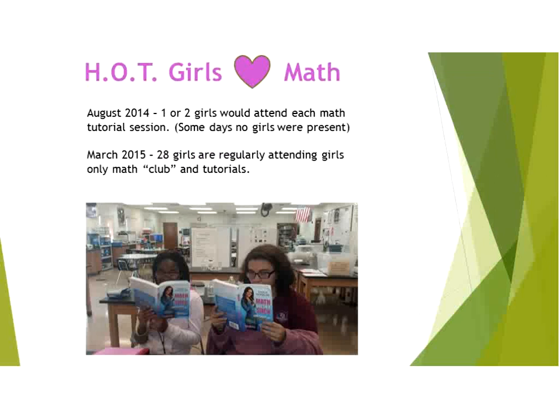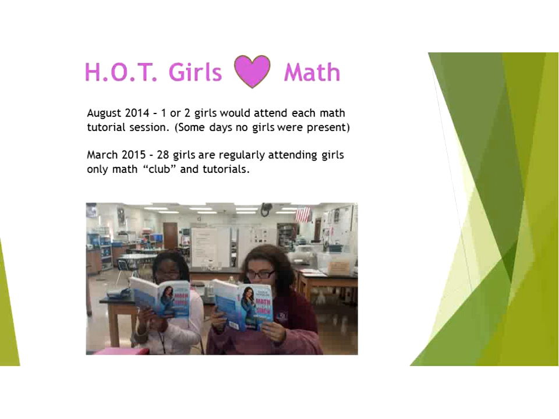In August, when I began there, the girls weren't coming, but by March, we had 28 girls who were consistently attending the math club and the math tutorials before and after school, and then several others who dropped in some of the time when they needed help. The girls really became a support group, a community for each other, and were getting together to help each other learn math, and because they started to enjoy it.